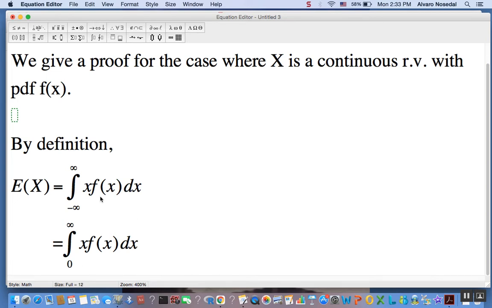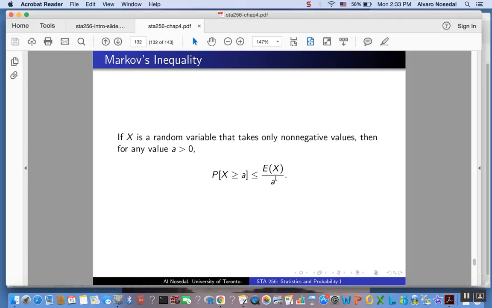Okay, so next we have a number a. We want to find the probability that X is greater or equal to a, and somehow we want to make it appear. If you had to rewrite that probability, it would be the integral from a to infinity of your PDF.